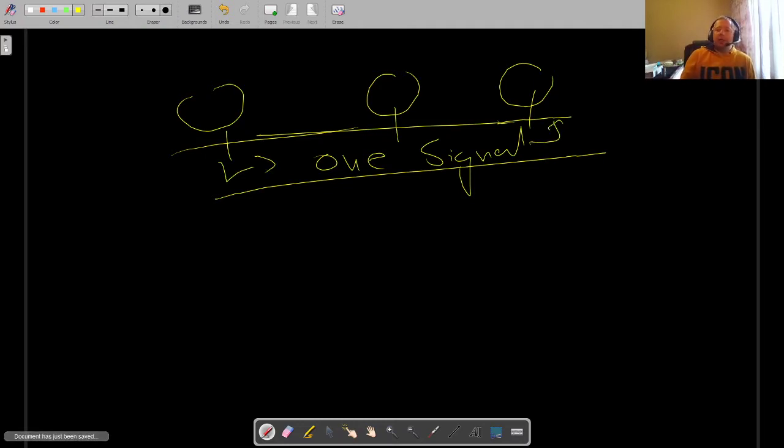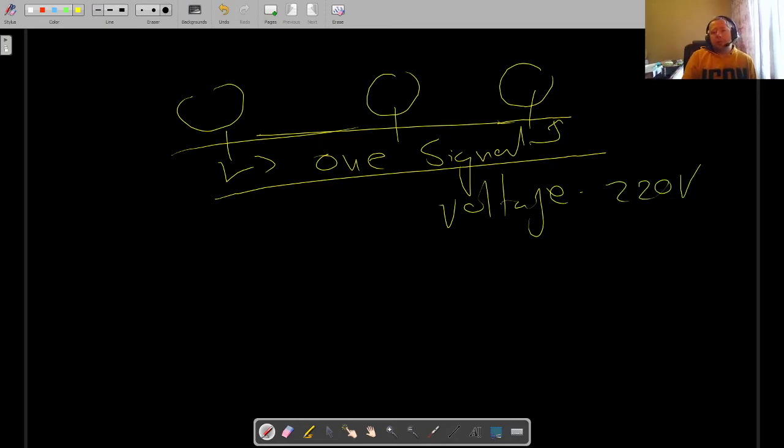If I have an extension cable that I use at home to plug in a light or my TV, that cable will only carry one voltage. Most likely 220 volts because we're here in South Africa. This cable doesn't carry 220 volts and 100 volts and 50 volts. No, it can't do that.